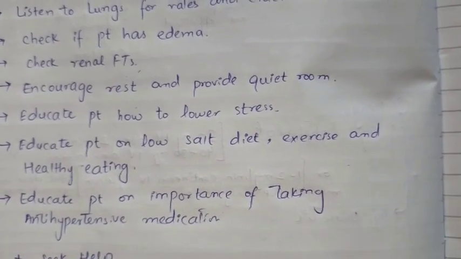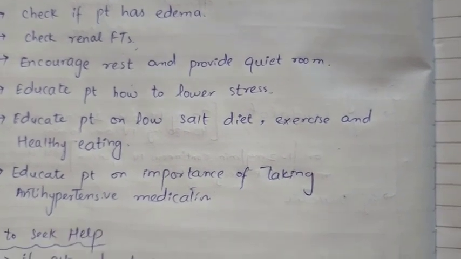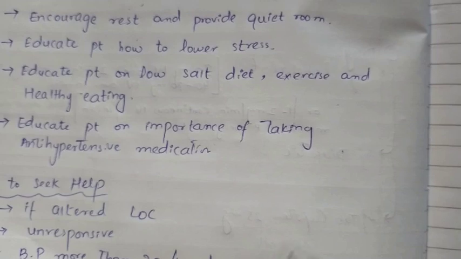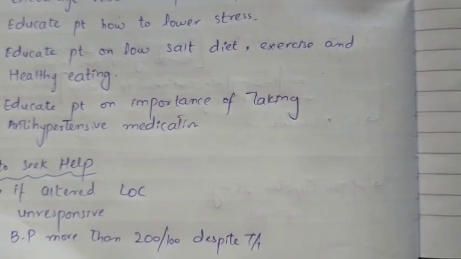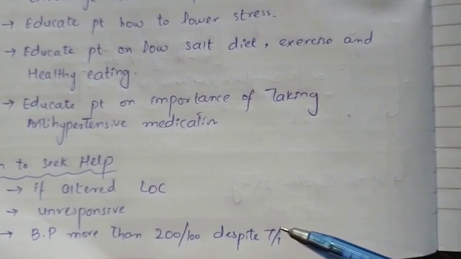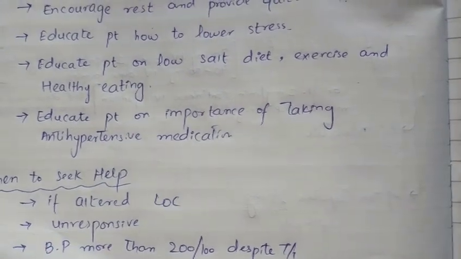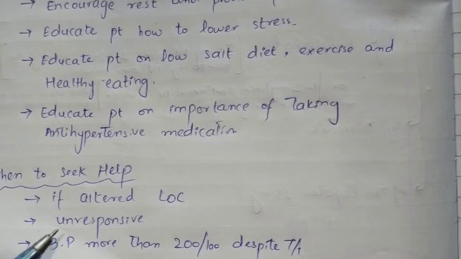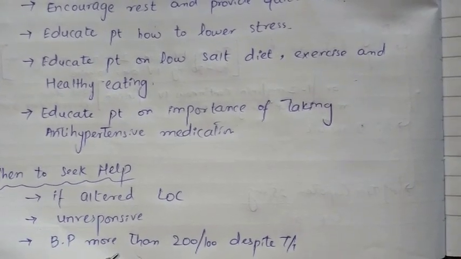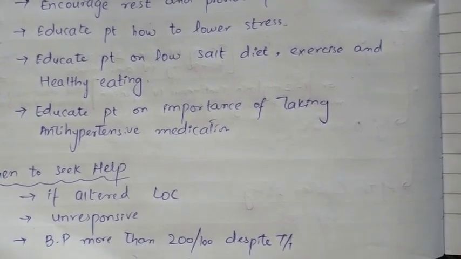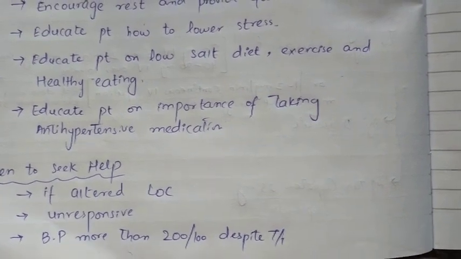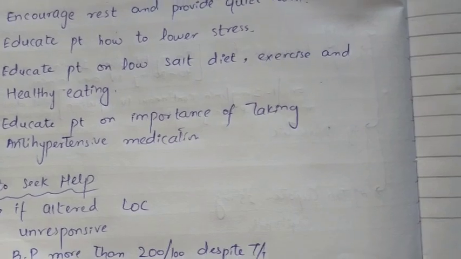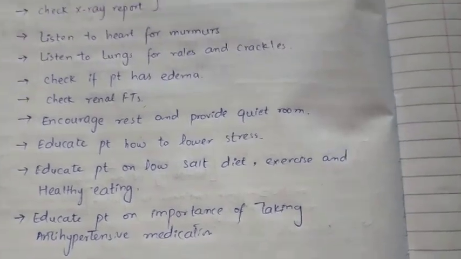You have to educate the patient on the importance of taking antihypertensive medications. And as a nurse, you must know when to seek help. If the patient is unresponsive and if BP is more than 200 by 100 despite treatment, then you have to take help.